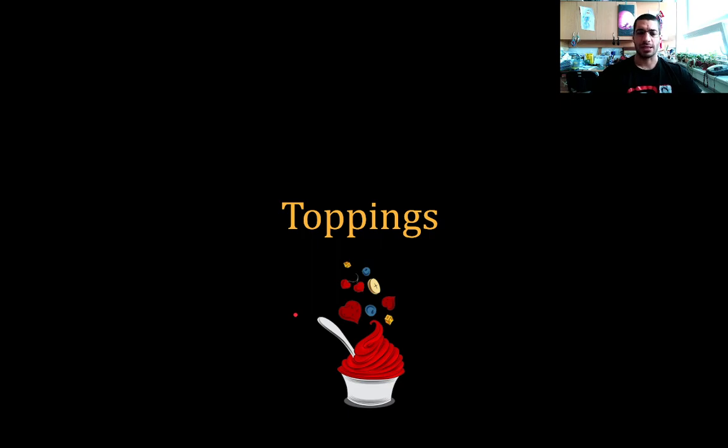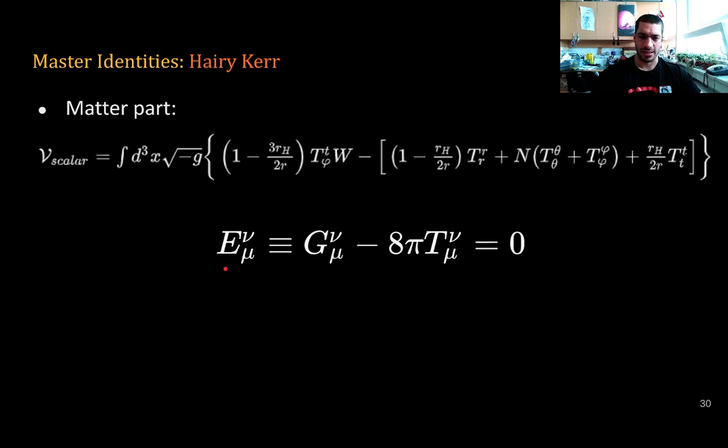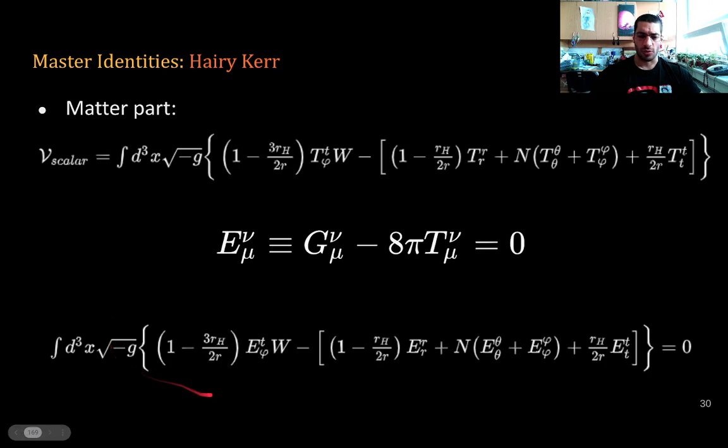At last, let us consider some toppings. First, from the Kerr metric or spinning metric, we are able to obtain the following identity, which can be cast, since the matter contribution can be cast just as a sum of the stress energy tensor parameters, and we know that the Einstein tensor should be obeyed, we can obtain the following master identity, which must be obeyed.